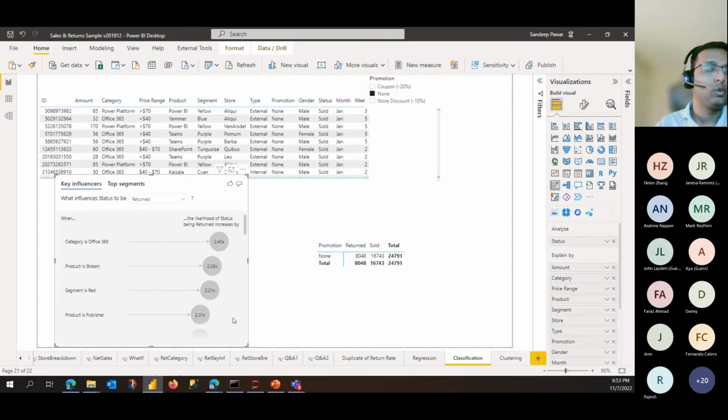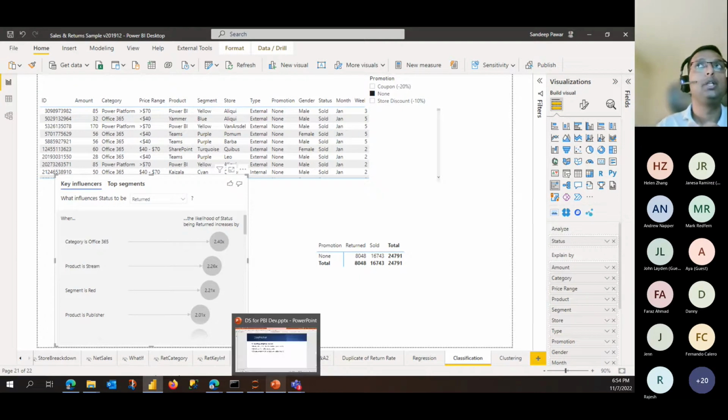But if you are a data scientist or if you learn data science, what you can do is improve this even further. Because notice when Power BI creates something like this, which your user will find extremely helpful to understand who is actually returning our product, Power BI does not tell you how good it is.